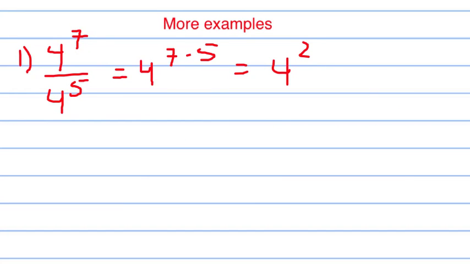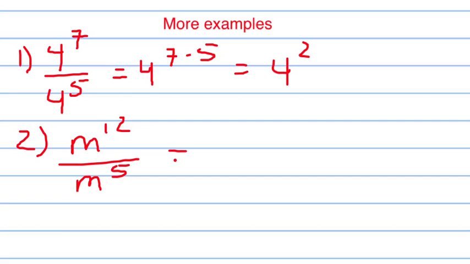Okay, look at the first example. We have 4 to the 7th power divided by 4 to the 5th power. So we subtract those two exponents and we get 4 squared. We have another example, m to the 12th power divided by m to the 5th power. Well, subtract those exponents and you're going to get m to the 7th power.